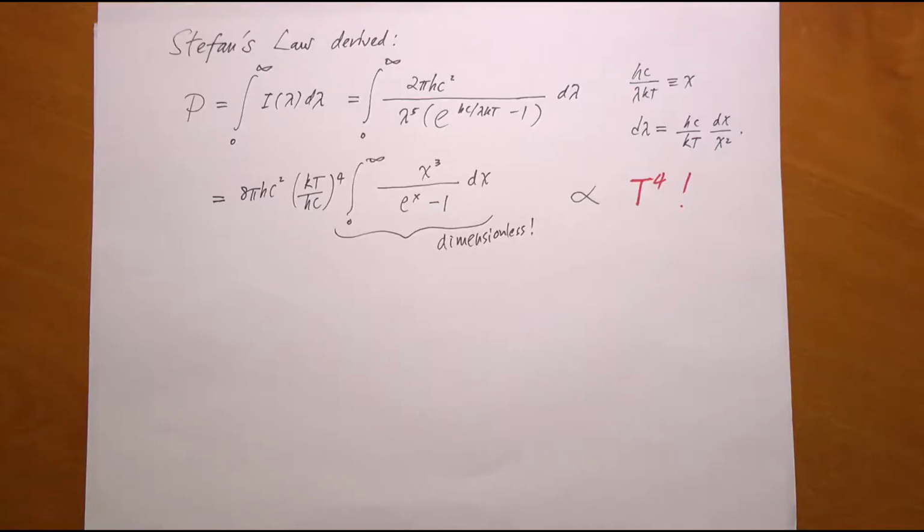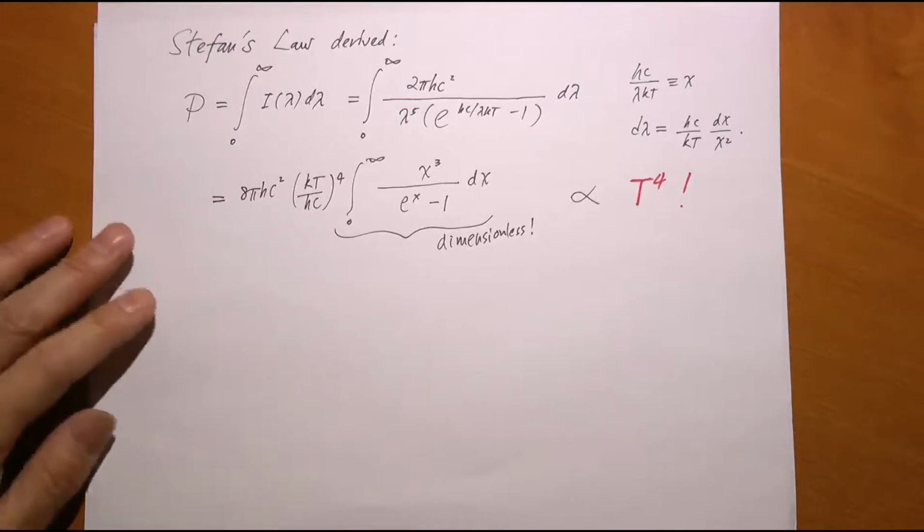Of course, we also need to know the surface area of the sun and so on, but all that can be calculated, and if you do your calculation yourself, you'll find that it agrees very well with our observation. Our observation is the power of the sun captured at the surface of the Earth, which is very far away from it. And this agrees with the total power calculated from the black body radiation.